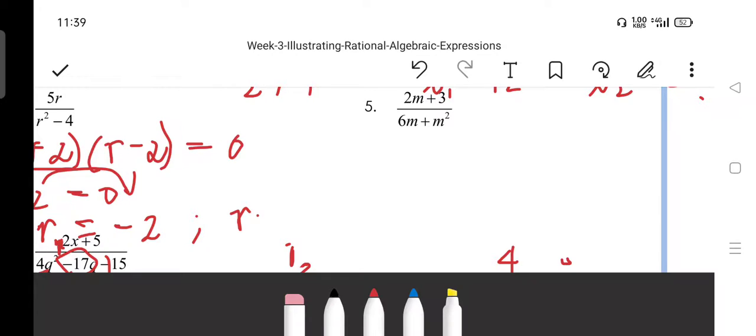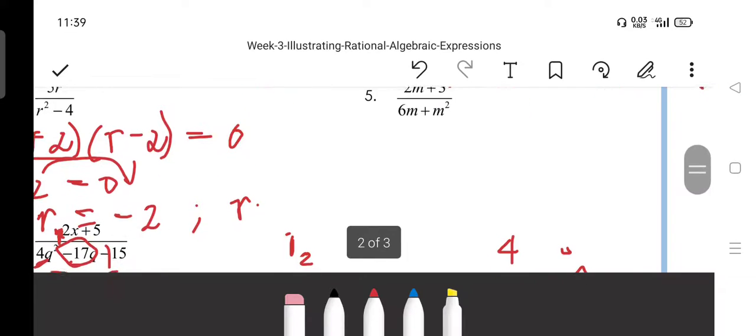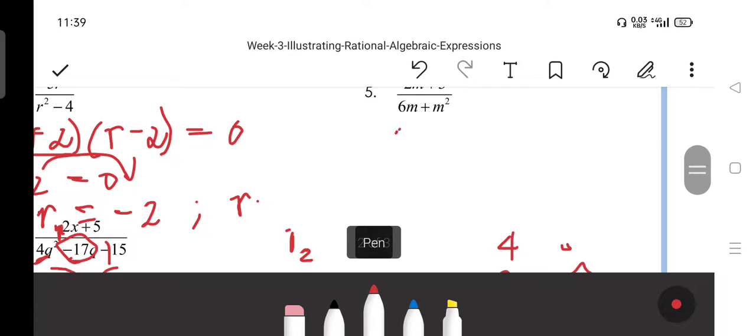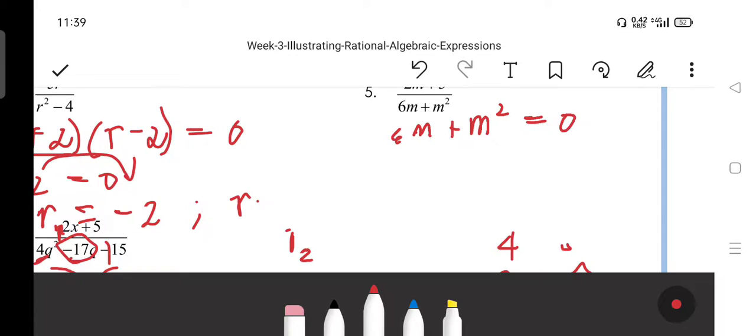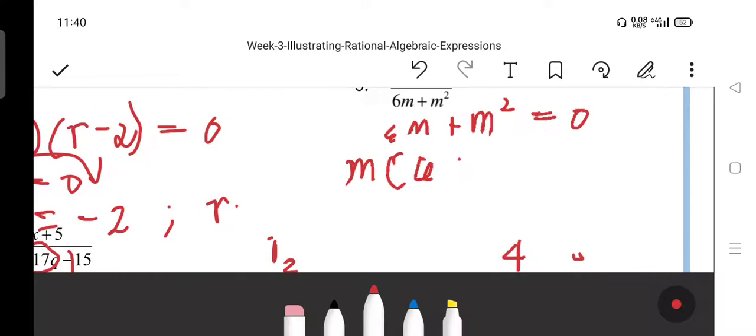We have 6m plus m squared equal to 0. Then look for the GCF. The common factor is m. Removing that, we have 6 plus m is equal to 0.